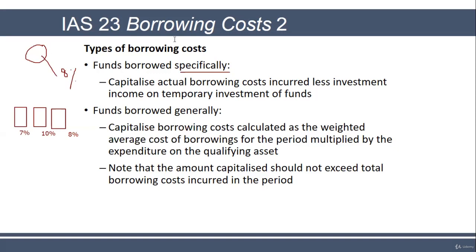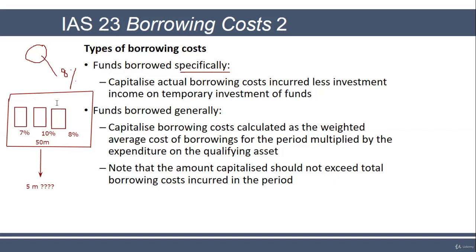And this is your debt portfolio, and your total debt together is 50 million. And out of this 50 million, you take out some funds for the construction project. You took just 5 million for the construction project. So you took 5 million from your portfolio of funds. Now the question is how much should be the interest? Now that is called funds borrowed generally.